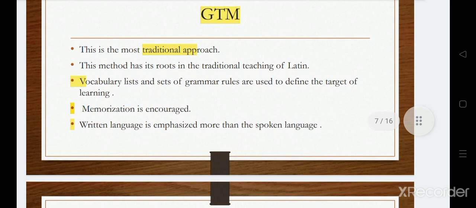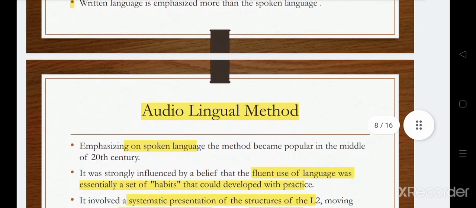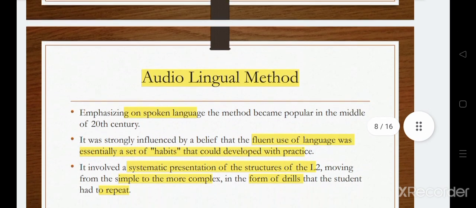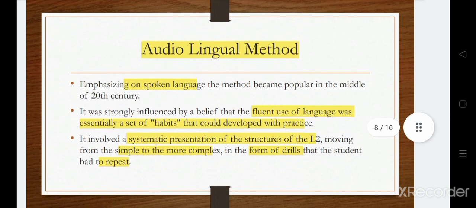Then comes the audiolingual method, which is more advanced than the grammar translation method, and it emphasizes spoken language. It is based on the belief that the fluent use of language is essentially a set of habits that can be developed with practice.